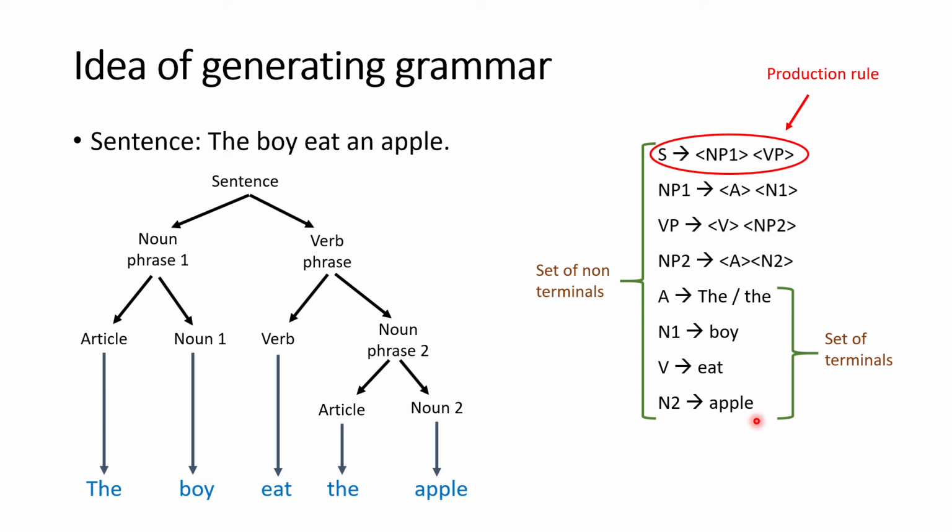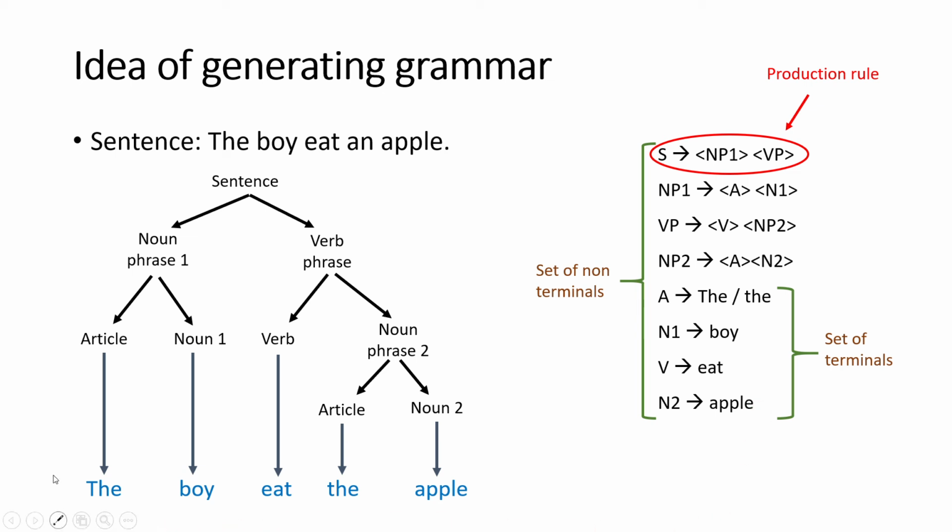For example, if you want to derive this particular sentence, you have to start from some non-terminal. That can be S, can be NP1, can be VP, can be NP2. One of the non-terminals, and that is what we call the start symbol.